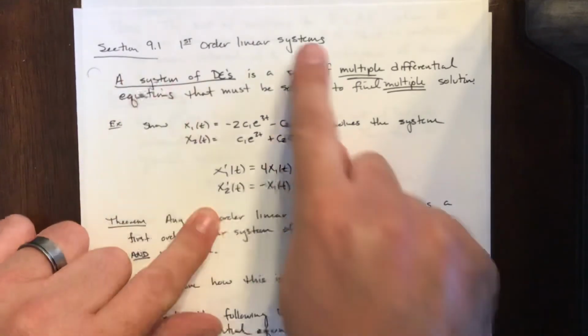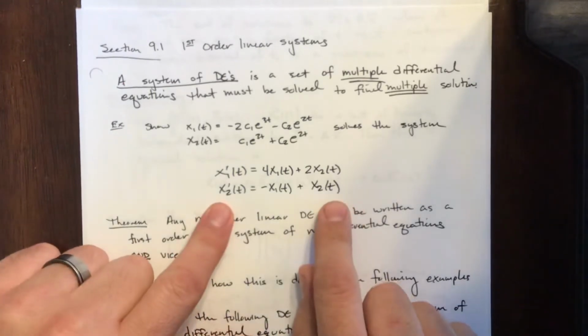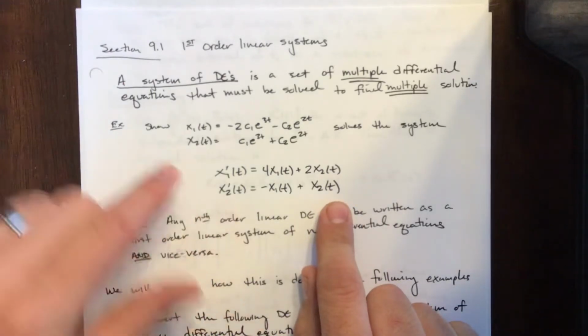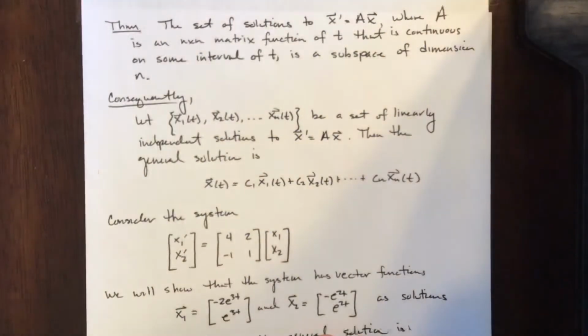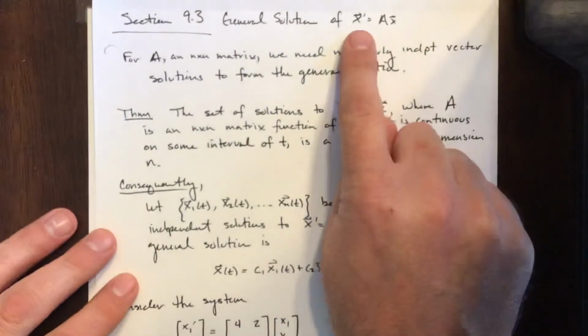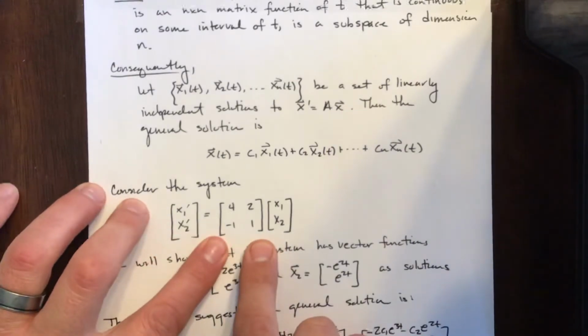So this is section 9.1, way back in the notes. In sections 9.1 and 9.2, we were able to take this system of differential equations and convert it to a vector differential equation, where the left-hand side became the derivative vector, times a coefficient matrix.